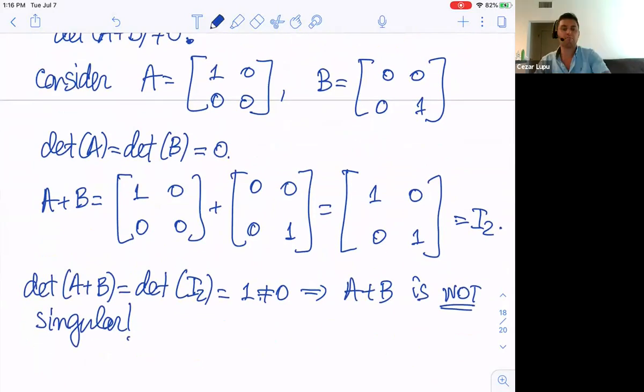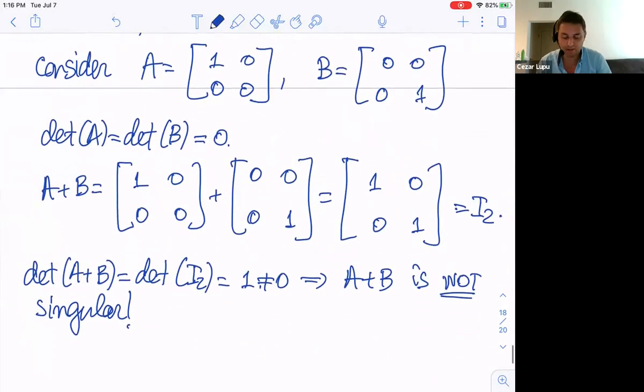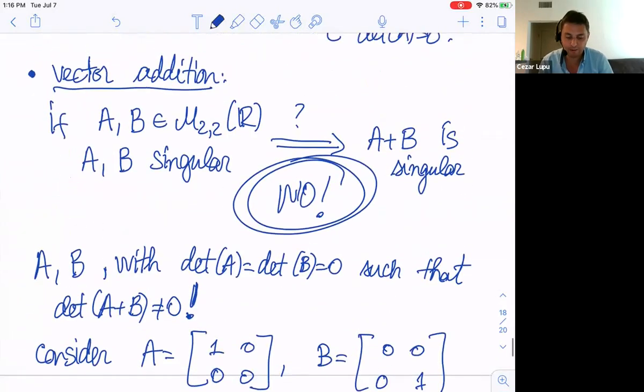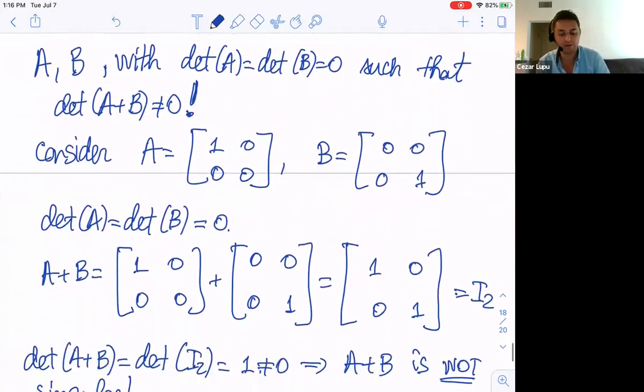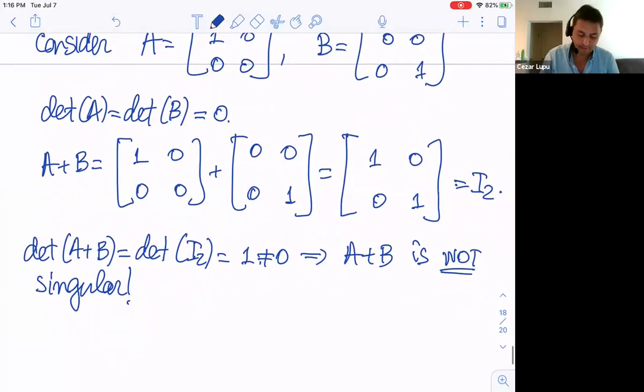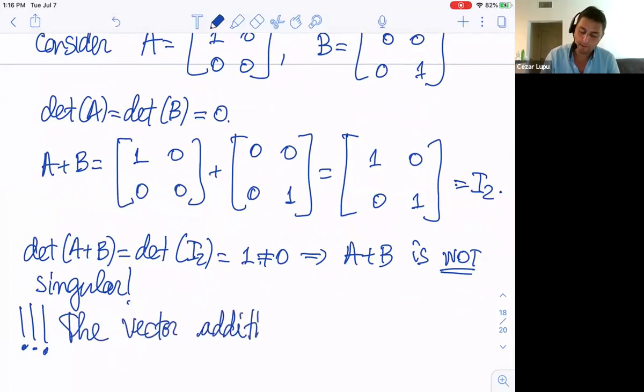So this implies the second one: the vector addition is not closed. The moral is that the vector addition is not closed.